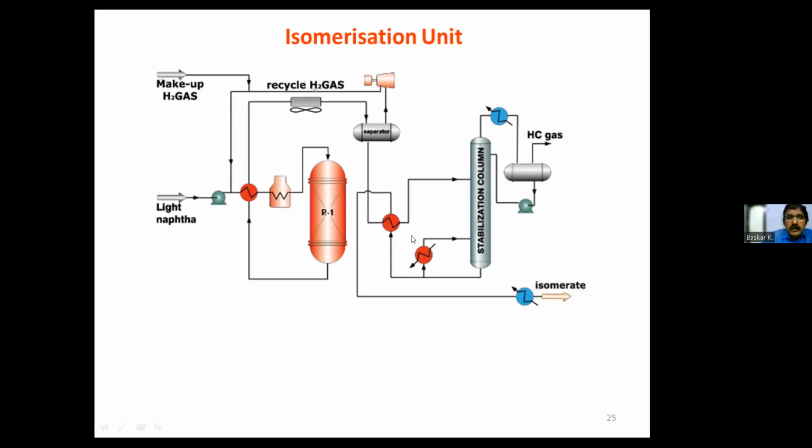Here you can see that the feed is preheated here and goes to the tower for reaction. The stabilizer bottom is giving the heat to the feed. You can see here, no?